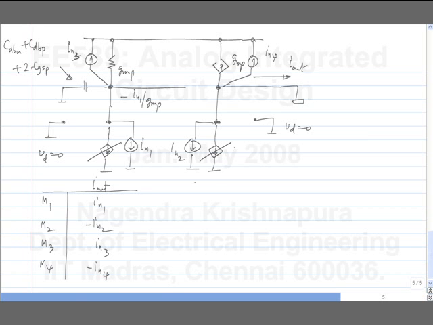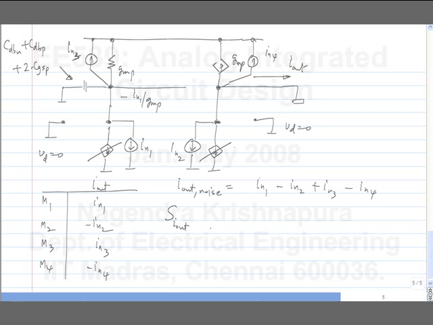So, the noise output is IN1 minus IN2 plus IN3 minus IN4. So, all of them contribute directly to the output. There is no coefficient multiplying any of those noise currents.